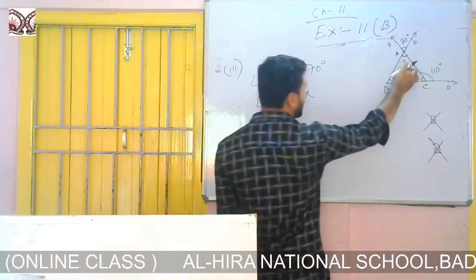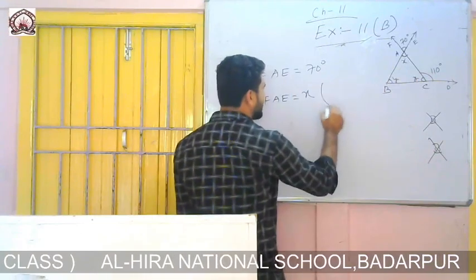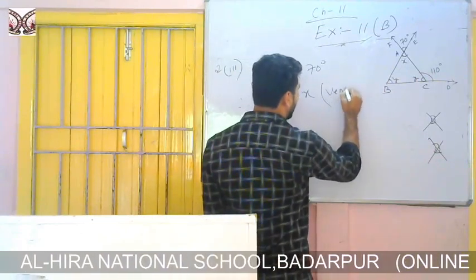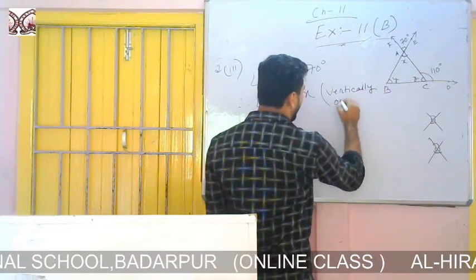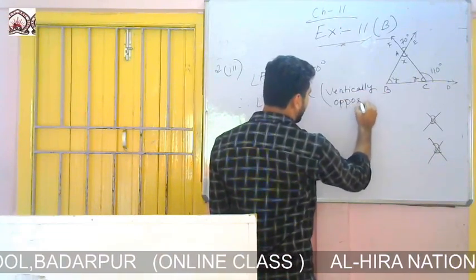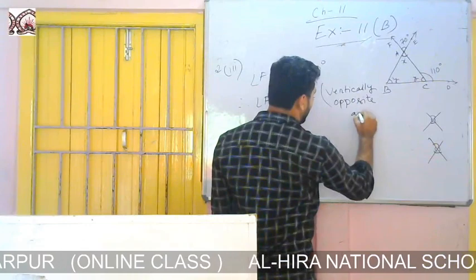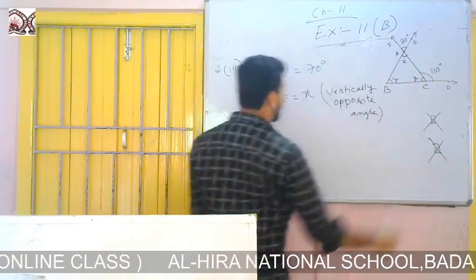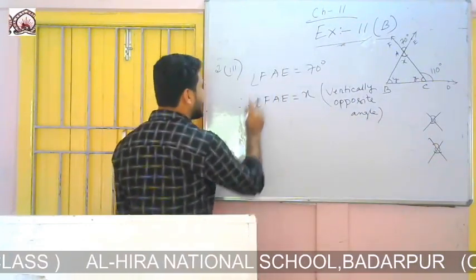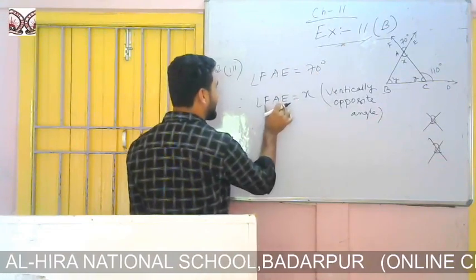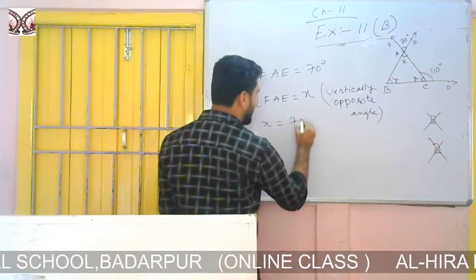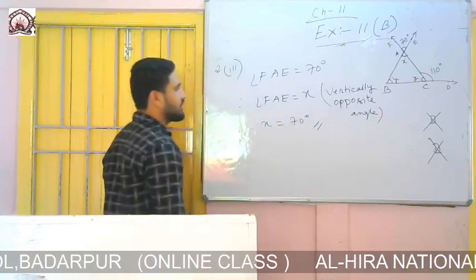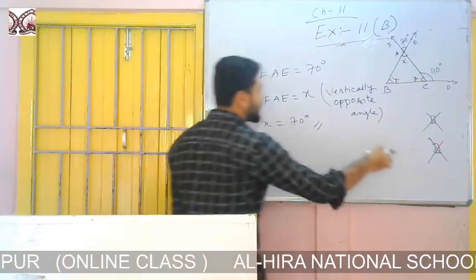You can write this angle equal, so write vertically opposite angle. Therefore if FAE equals 70 degree and these two are equal, then angle x equals 70 degree. Okay, so the first part is finished.